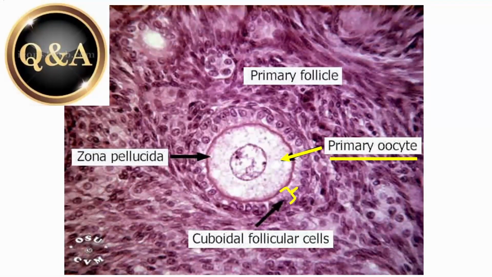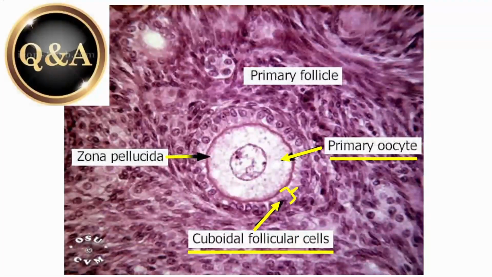They are not flat. Cuboidal means that the two dimensions of a cell are about equal, and this is the description of cuboidal cells.